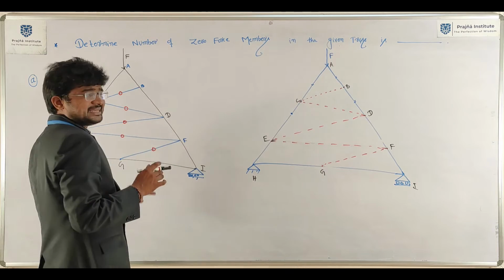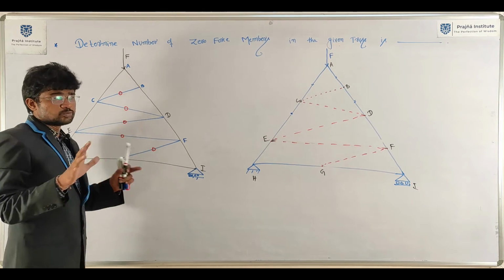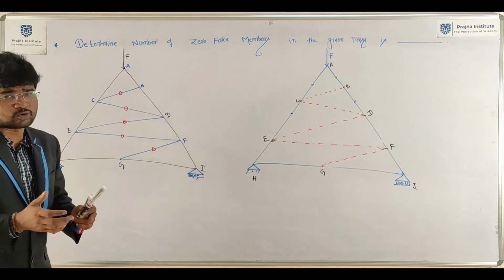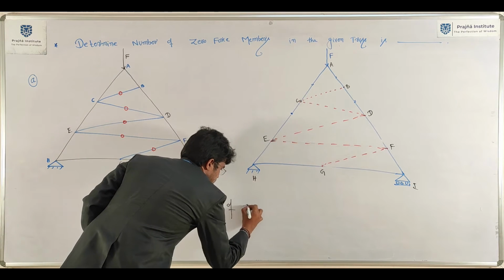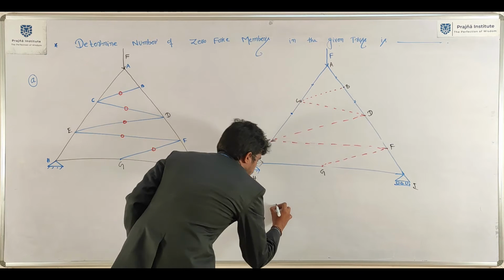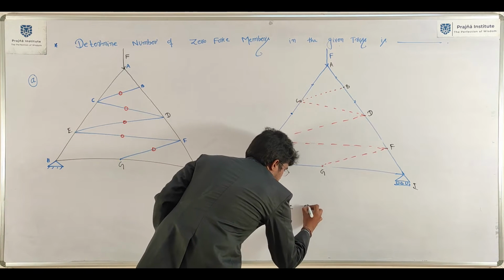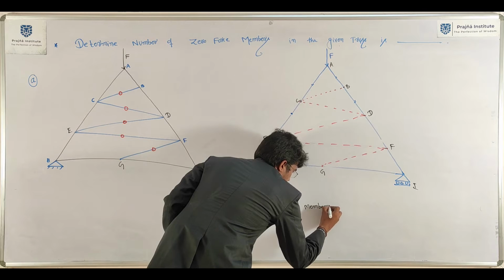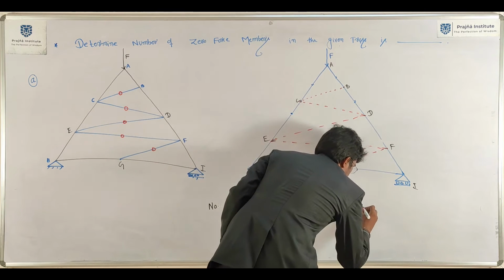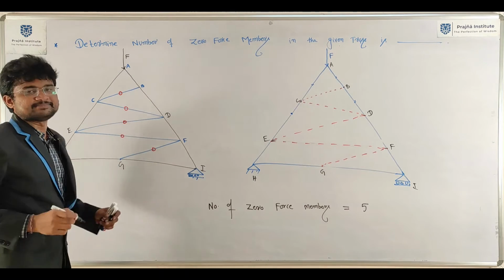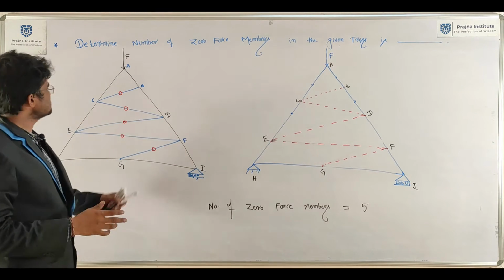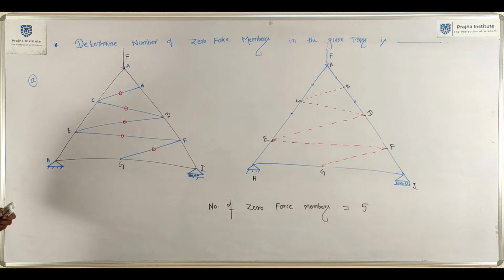If 3 members are meeting at one point and 2 members are collinear, then force in the non-collinear member equals 0. This is one of the previous year GATE questions. Apply the 3 members rule.